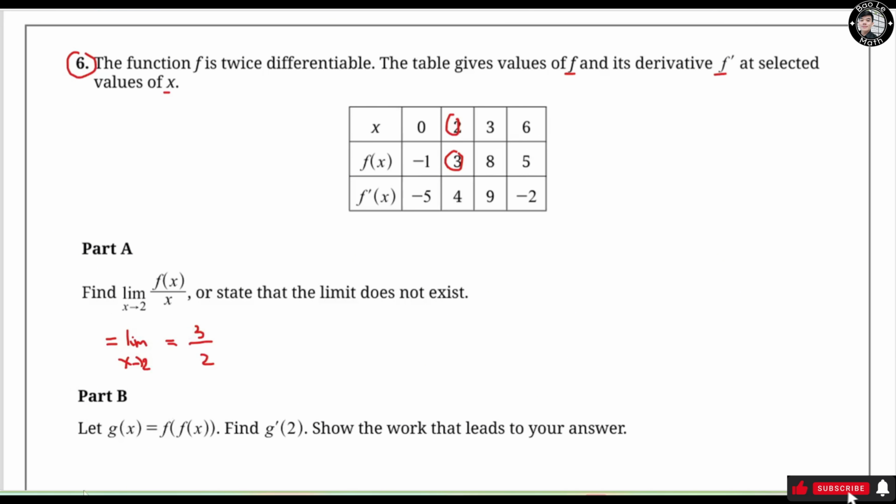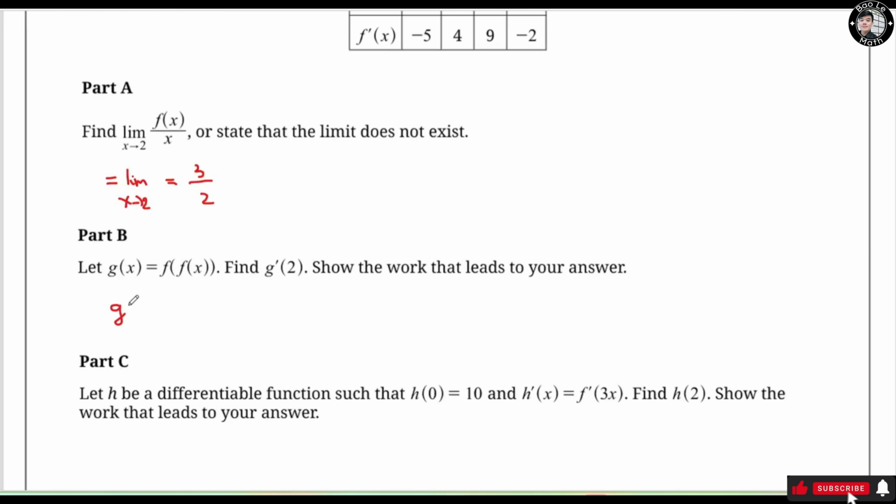Now question B. Let g of x equal f of f of x, find g prime of 2. Alright, so we need to take the derivative g prime of s. It's going to be f prime of s times f prime of f of s. G prime of 2 is f prime of 2 times f prime of f of 2.